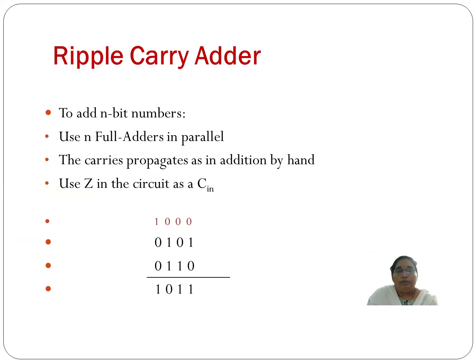We will take all of them in parallel, and we will propagate the carry just like how we perform addition by hand. In that way, we write the carries of the lower significant bit to the next higher significant position when performing addition by hand. The same way, here also we will connect the carries to achieve the n-bit addition.